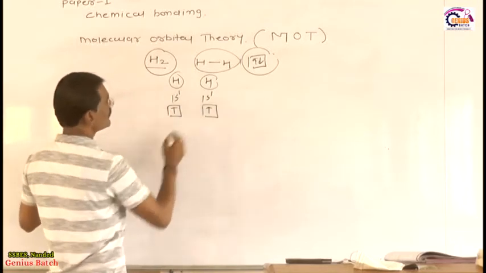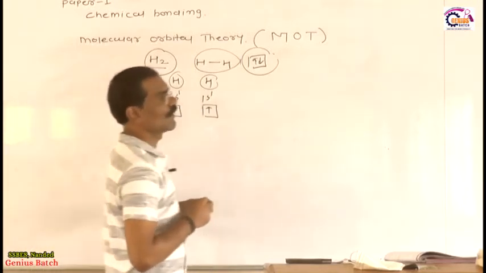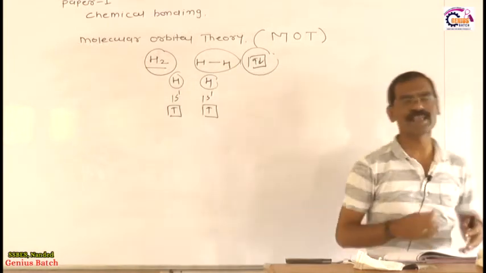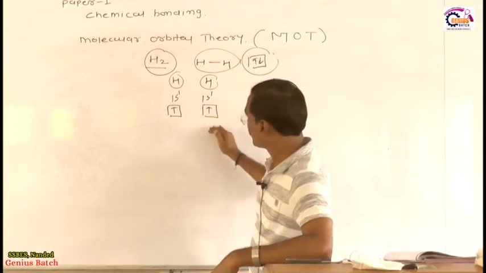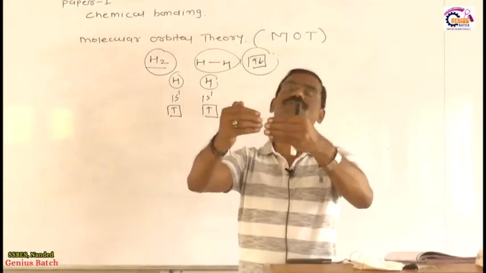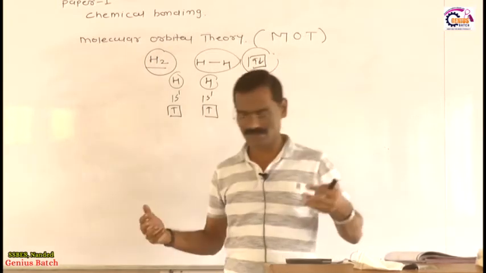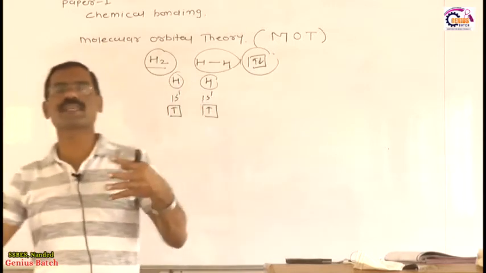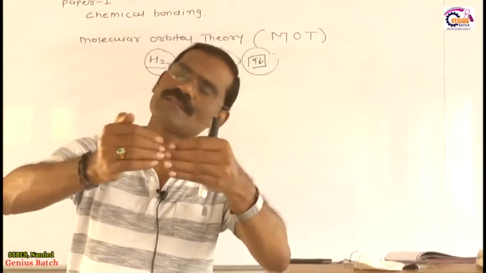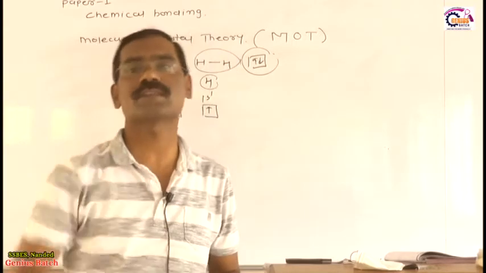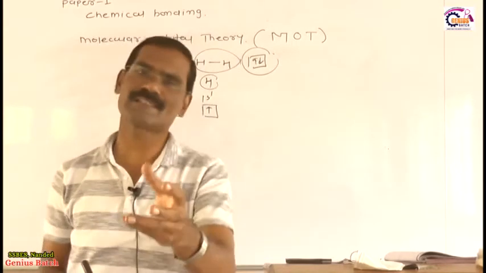Atomic orbital means the electron-containing orbital of that particular atom. But when these two atomic orbitals are mixed together, listen very carefully, because the introductory part of molecular orbital theory is very important. When these two atomic orbitals are mixed together, the atomic orbitals are converted into molecular orbitals.